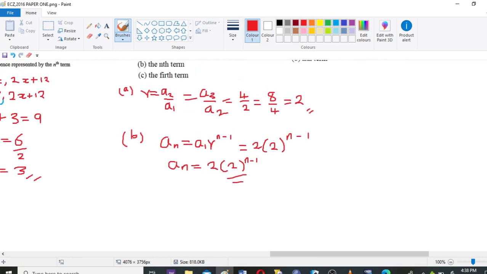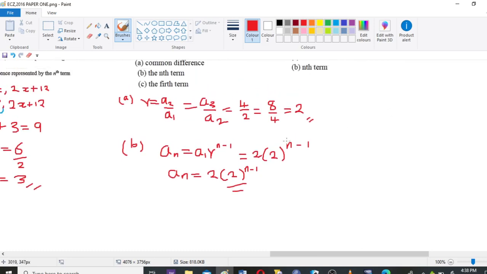We can proceed now and calculate, we want the fifth term. So that is our C now. Using the same formula, this time our n is equal to 5, because we want the term on position number 5. So the formula will start with a subscript 5 is equal to, and we substitute now in the formula.